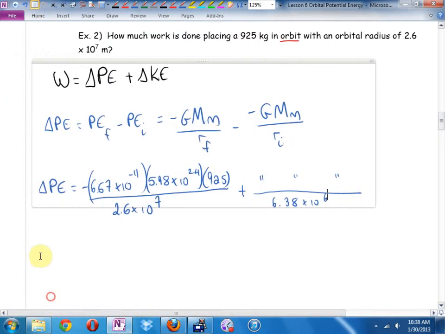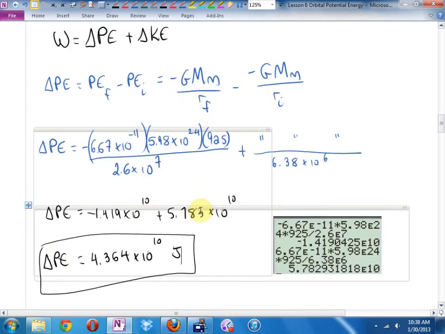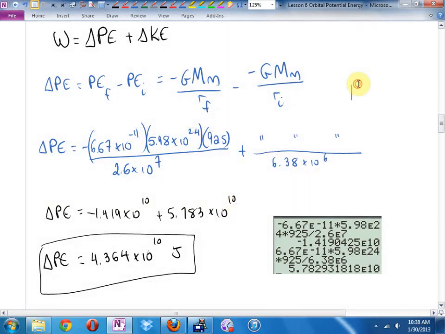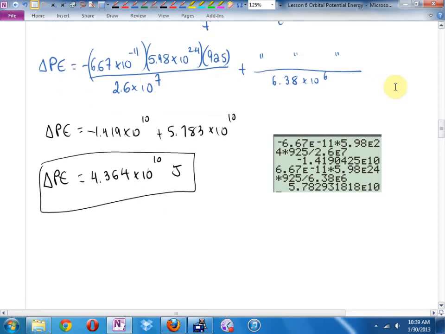Thereby thoroughly irritating the people that are following me. And I even tried to show you what I typed in on my calculator.